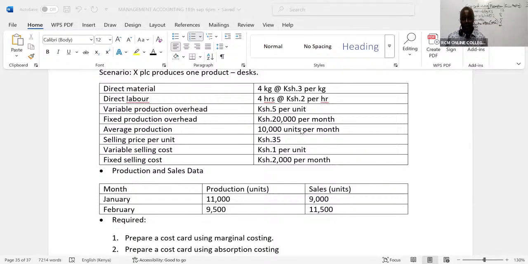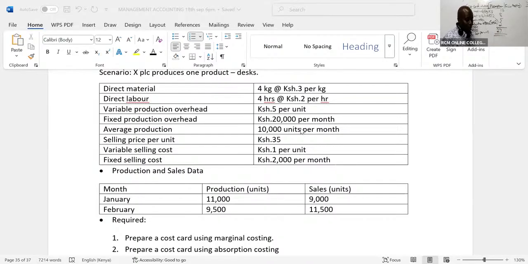The 20 you are guessing was almost there, right? So we have 2 there. So then come and give me the full cost per unit. 27. Thank you so much.